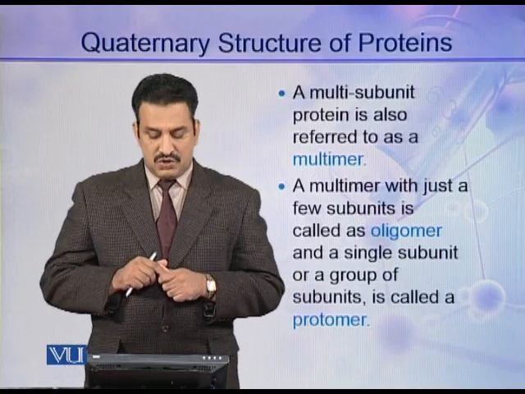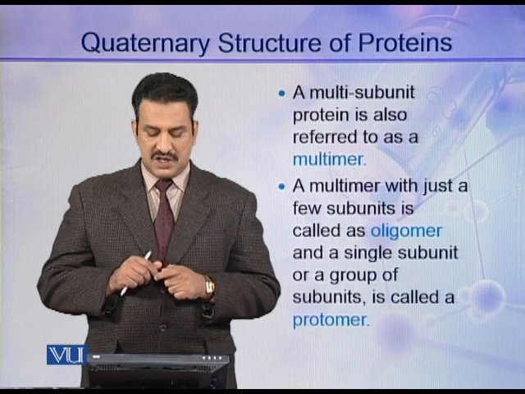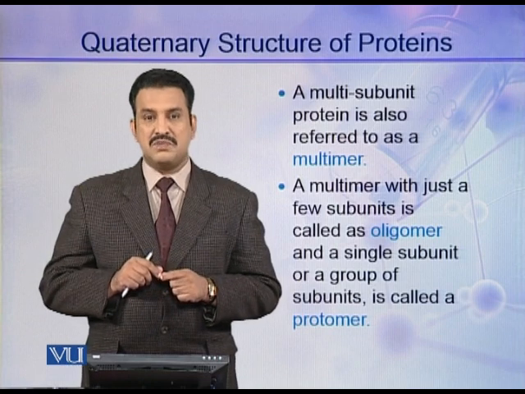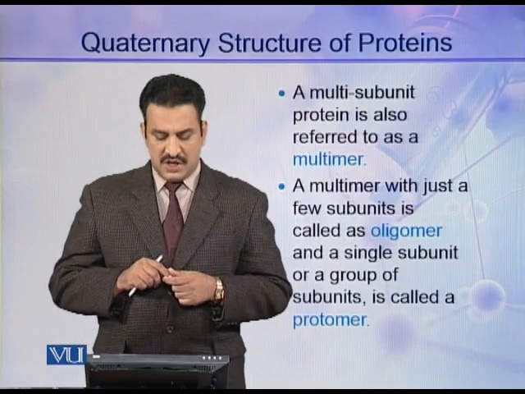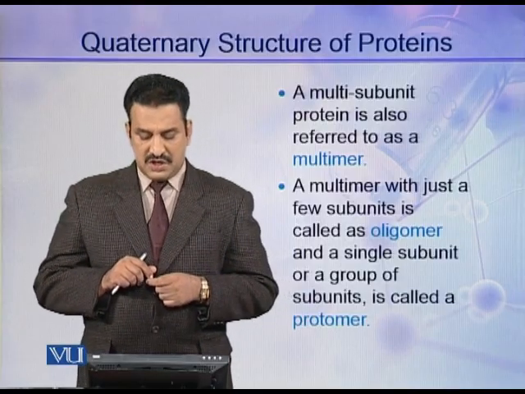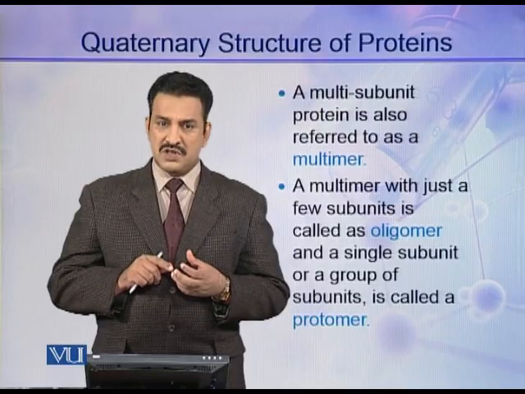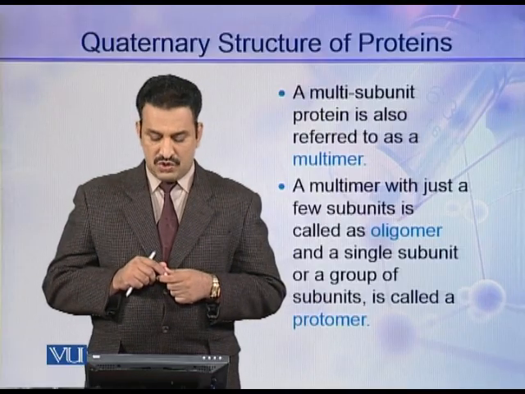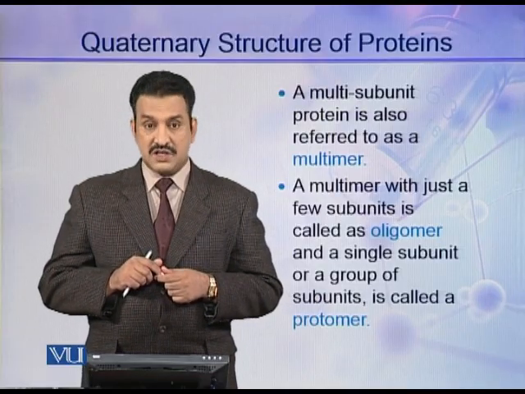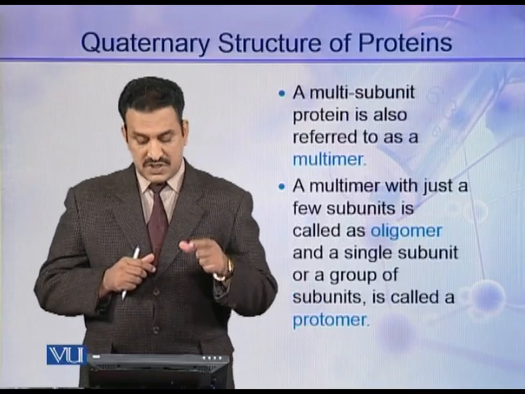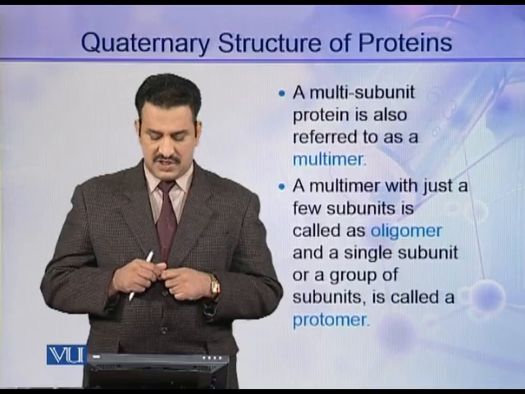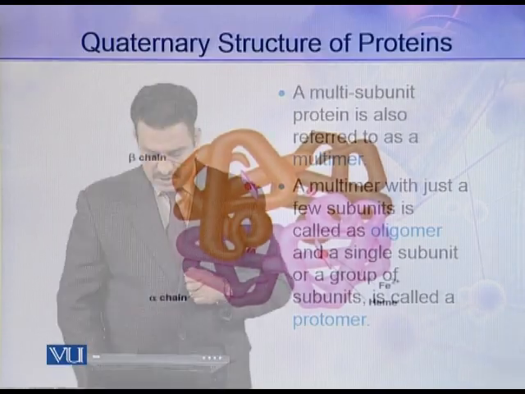A multi-subunit protein is also referred to as a multimer because it contains many subunits. And if a multimer contains few subunits, that is called an oligomer. And a single subunit or a group of similar subunits is called a protomer.